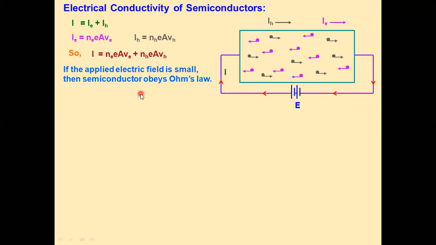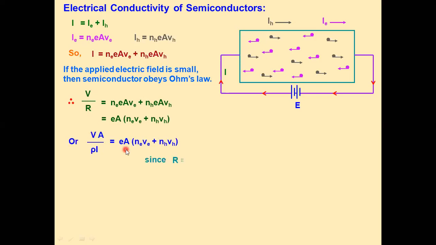When the applied electric field is small, the semiconductor obeys Ohm's law. So write down I is equal to V upon R. Then put the value of the resistance according to the resistivity concept, R is equal to rho L upon A. Here rho is the resistivity, L is the length of the conductor and A is the cross sectional area.